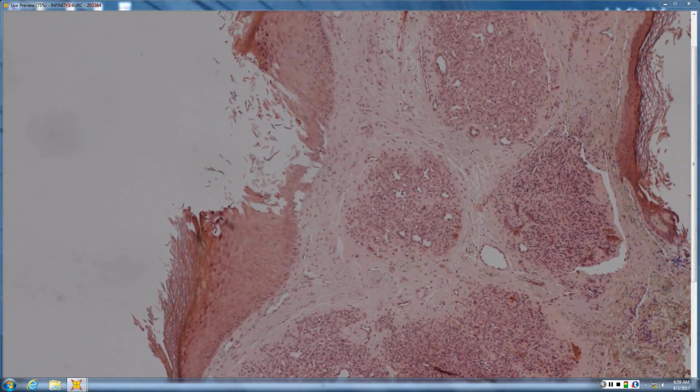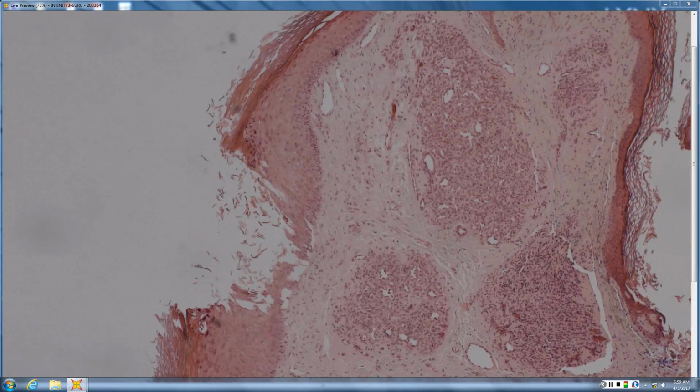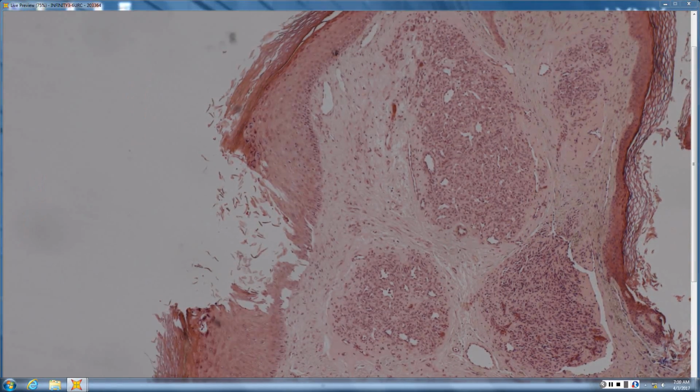And it's going to be capillary-sized vessels, not large or thick-walled vessels. It's just these small capillary-sized vessels in this well-defined lobular proliferation. Very superficial in the dermis, often forming, not necessarily pedunculated, but very much a papilloma clinically. That's what you're going to be seeing.